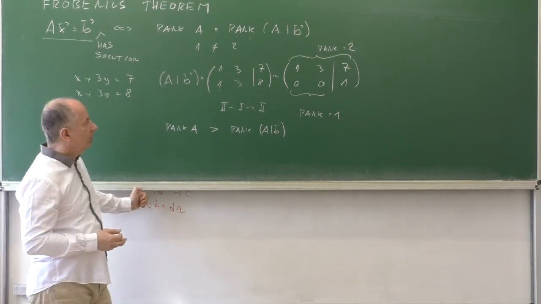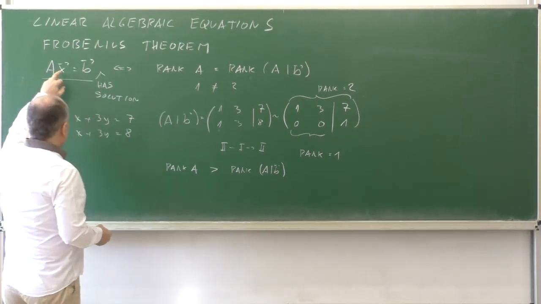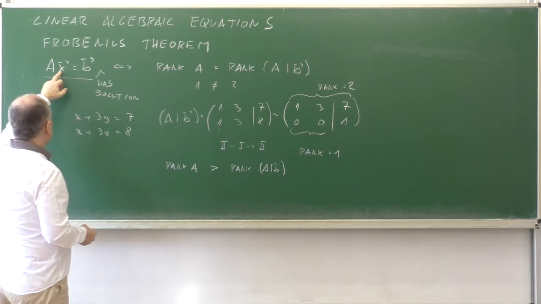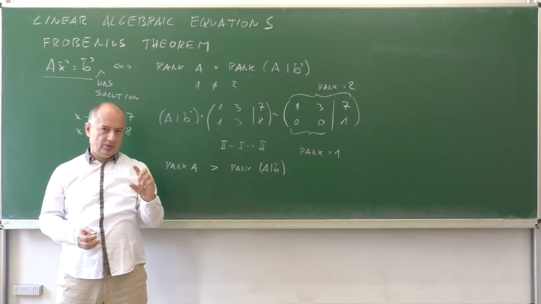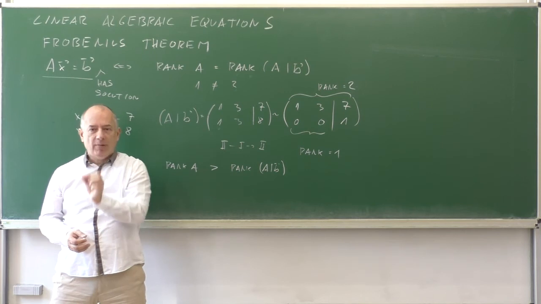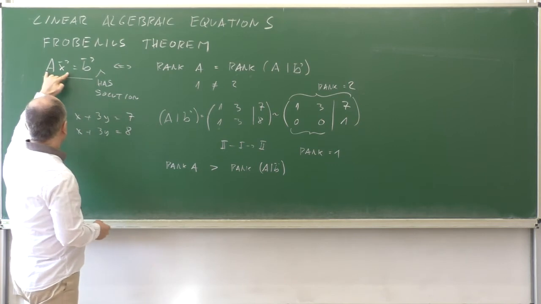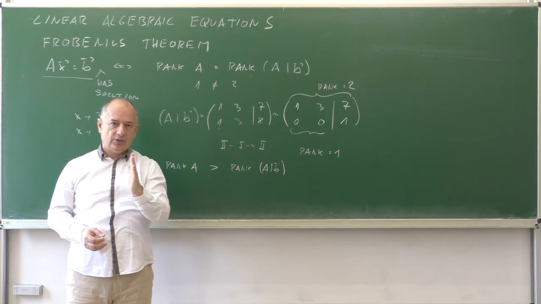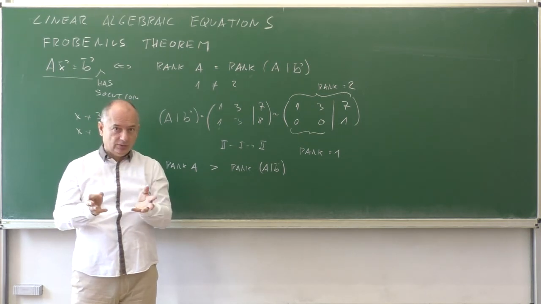Well, this approach actually proves the theorem, because this relation means that x is a vector of coefficients, and these coefficients multiply individual columns of the matrix. So what is on the left is just a linear combination of the columns of the matrix A, with the vector x being the vector of the coefficients.